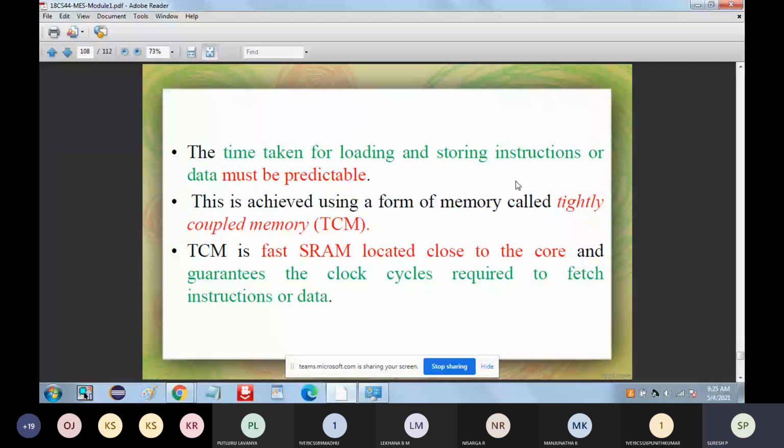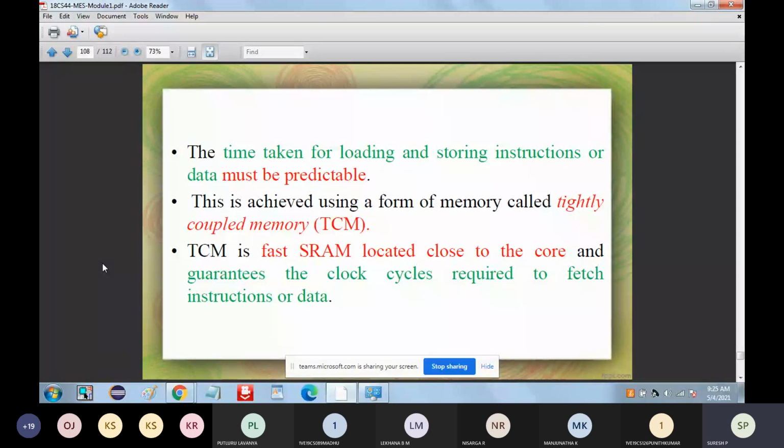So how will this be achieved? This is going to be achieved using the form of memory called tightly coupled memory, also referred to as TCM. The tightly coupled memory is nothing but fast RAM.